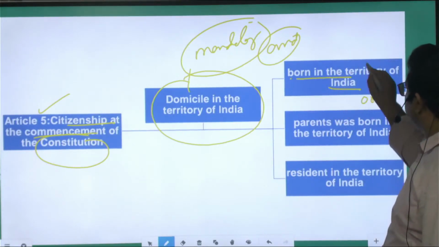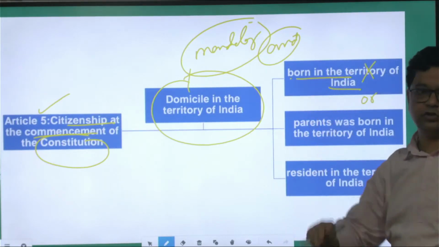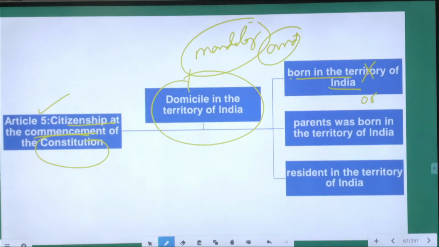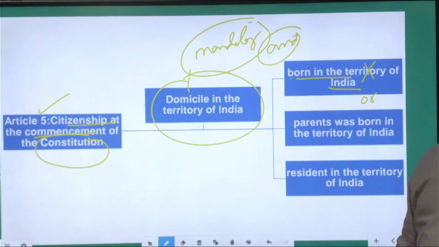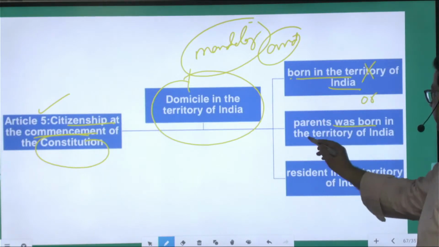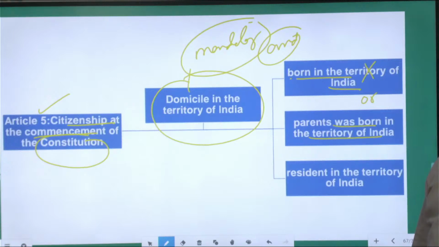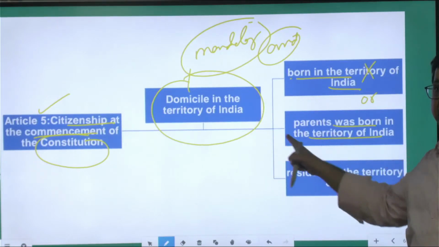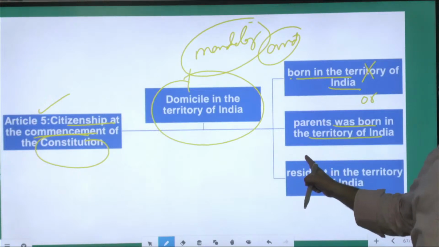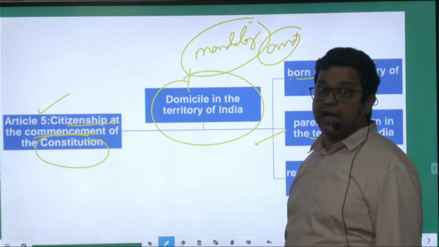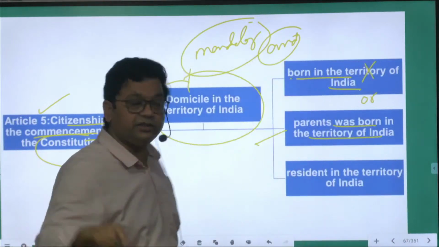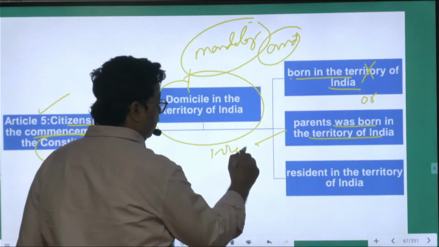Or it means if suppose the person is not born in India but is residing in India, then next, the parents were born in the territory of India. So residing in India and parents born in India. It means the person's parents were born in India. Again, it does not matter, irrespective of two things.